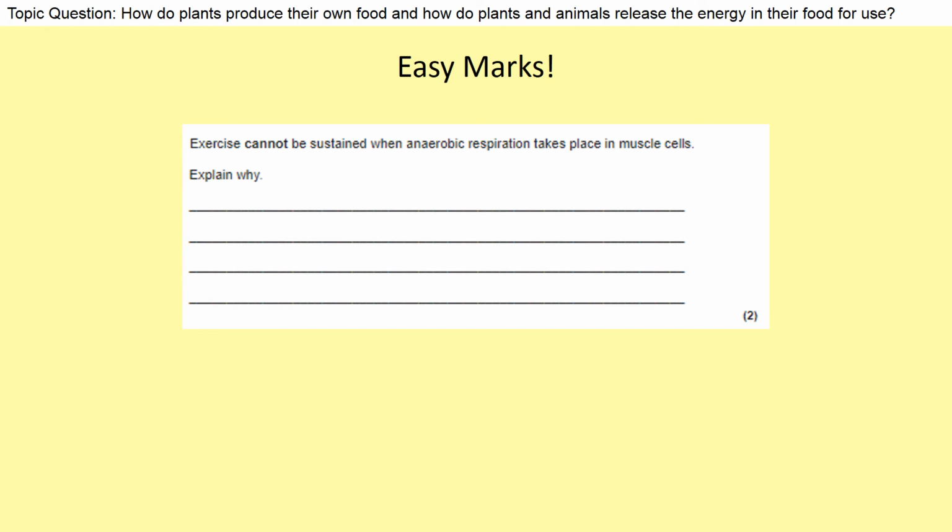Let's have a look at a question then. Exercise cannot be sustained when anaerobic respiration takes place in muscle cells. Explain why. It's 2 marks, so we're looking for 2 different points.